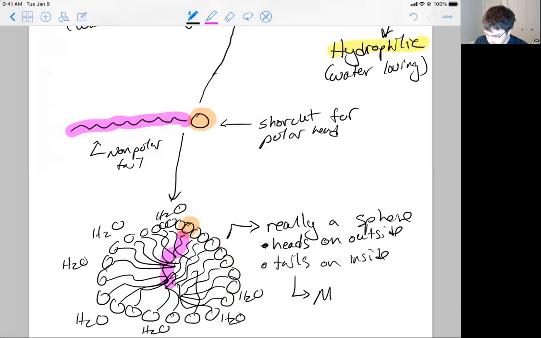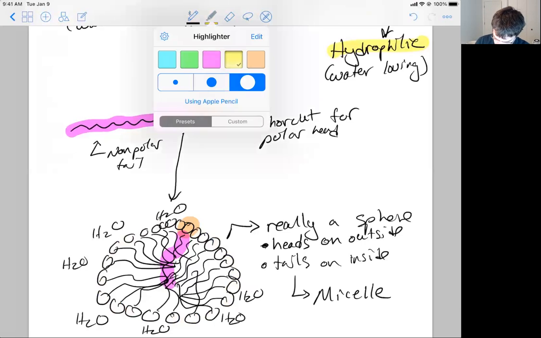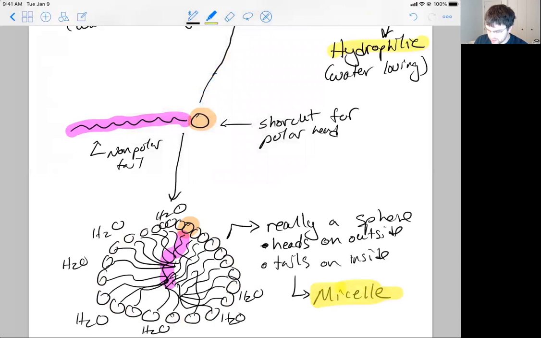This is called a micelle, a spherical structure with two sort of phases. One phase that can interact with the bulk solvent, which in this case is the water. Just the enormous amount of water is interacting only with the outside surface of our sphere. Then on the inside, we have a different sort of phase, if you will, something that doesn't have an ability to productively interact with our bulk solvent, which is in this case water.